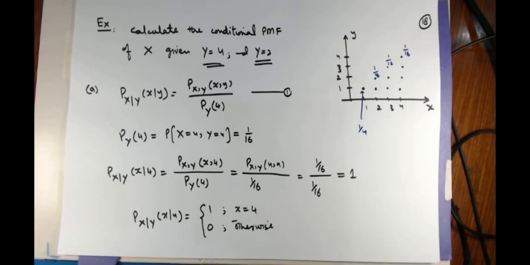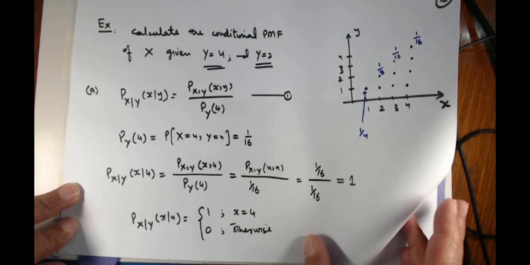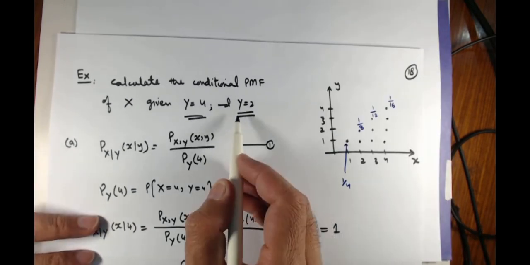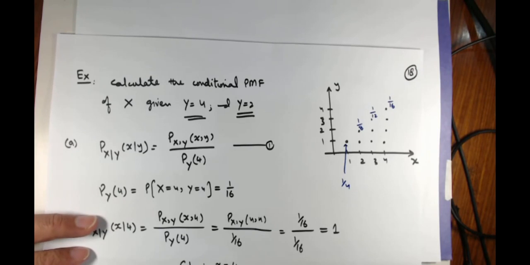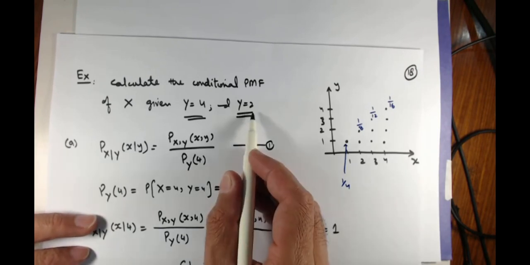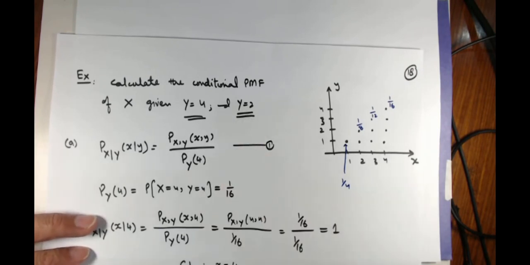Okay, we'll move on and check how we can find this particular conditional PMF. Take Y is equal to 2 and see how many X points are intersecting with Y is equal to 2, and then we find the distributions of those. So let's see.